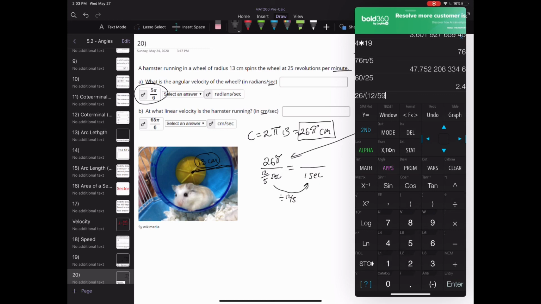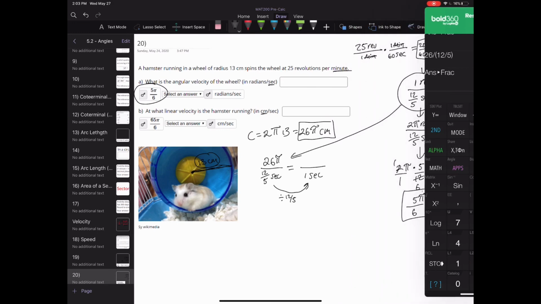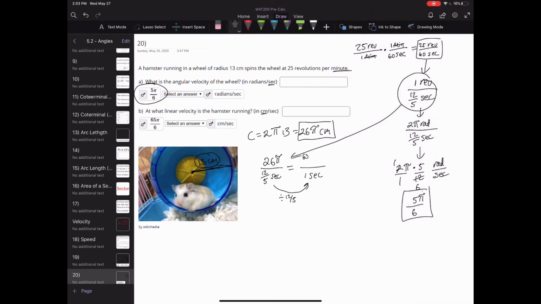Now thinking about that, it's 26 pi. And I just don't want it to turn into an irrational number, so I'm going to leave it on the side. Math, enter. So 65/6. So 65 pi over 6 every 1 second, and that is in centimeters. All right, so there you go. You can see that's the same answer as right there.